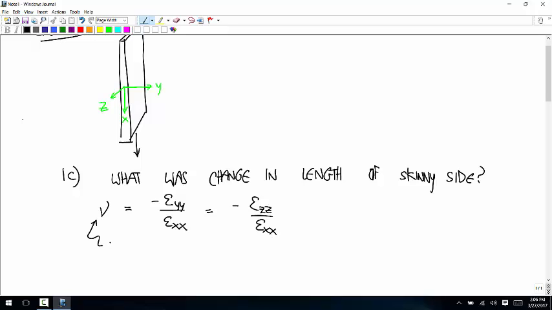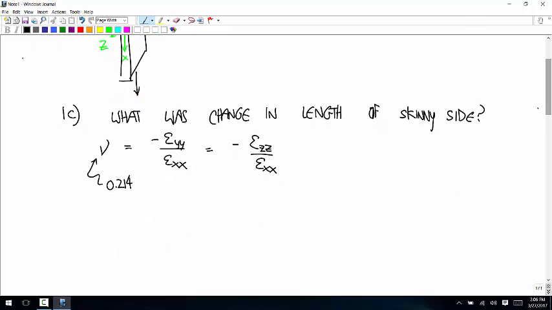You could calculate that this was 0.214. So we had 0.214 is equal to negative epsilon ZZ over, well, what were the strains?